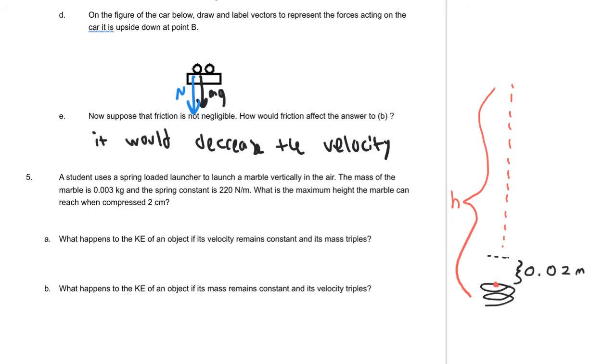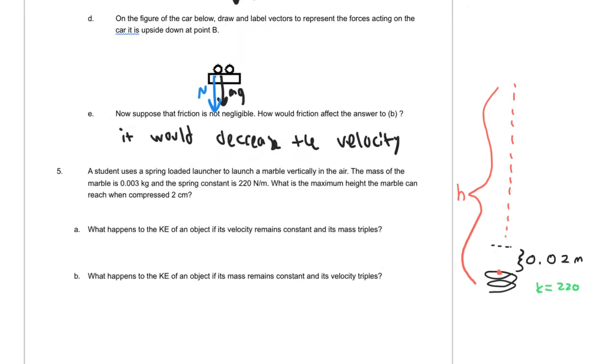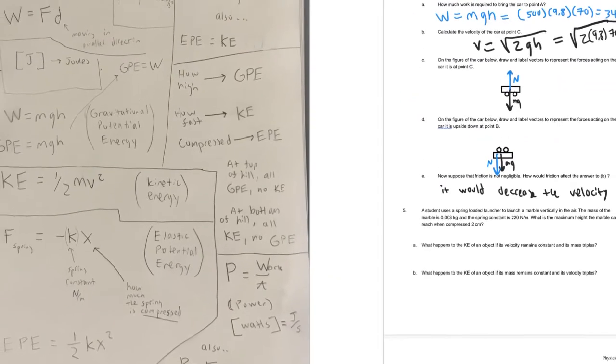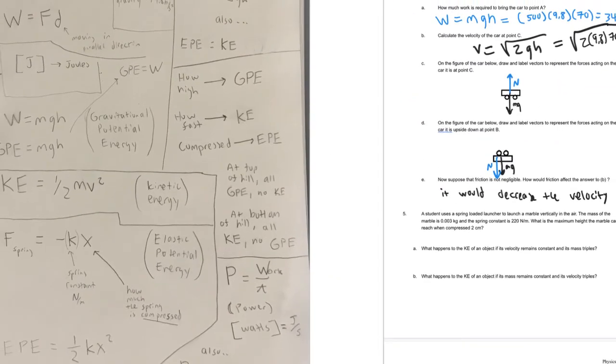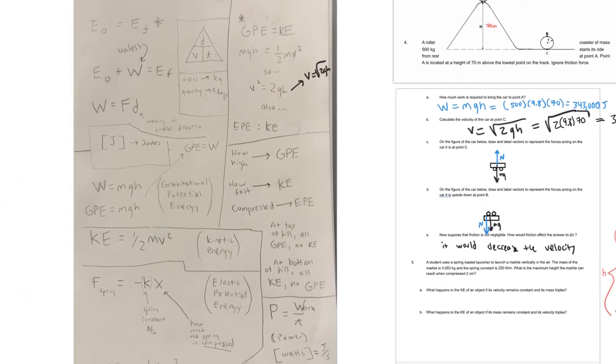We have a constant K right there, so we'll keep that in mind, maybe next to the spring, 220. Okay, so this has to do with height, and once again, if we're dealing with height, GPE might be good.